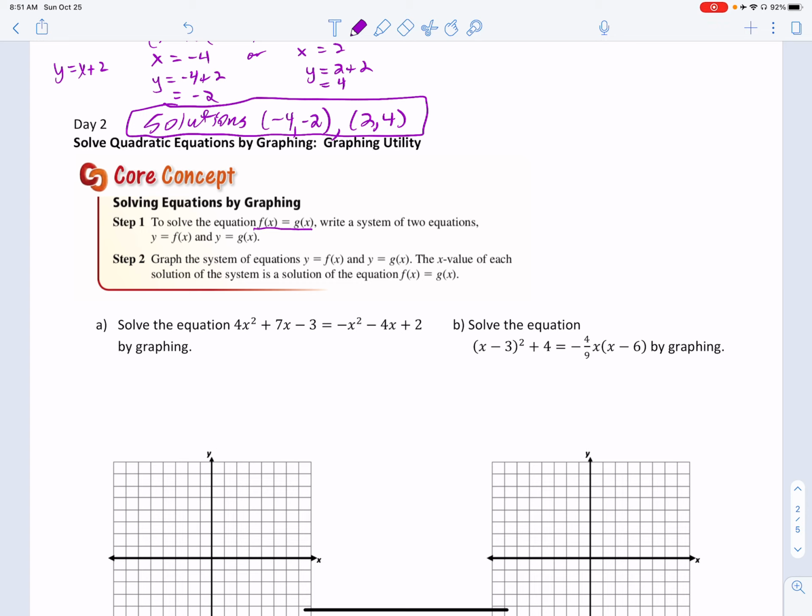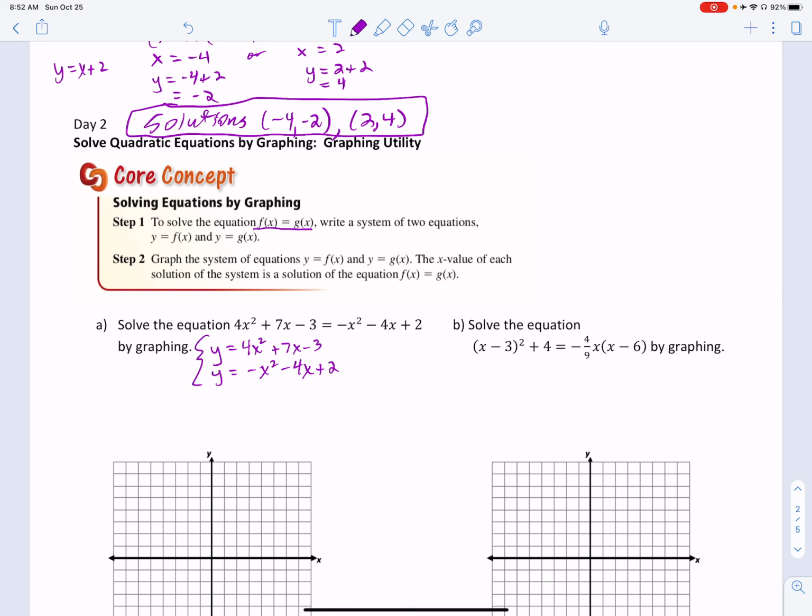So right here in part A, that means I'm going to write y as the left side, and then y equals the right side. That's what that means. Rewrite them as a system of equations.